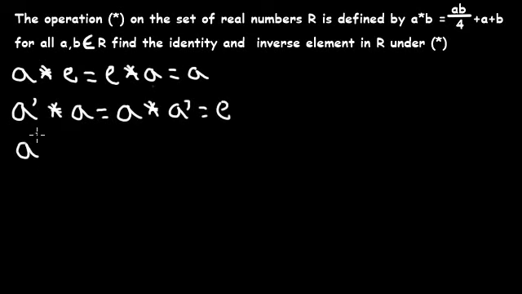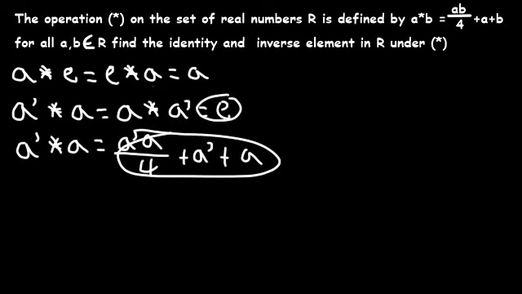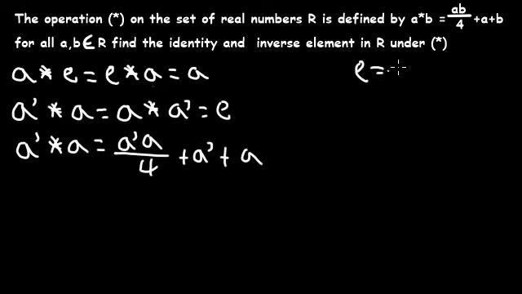From the binary operation, the inverse combined with a is a'a/4 + a' + a. So the result is equal to e, and we can set these equal. But don't forget, e is equal to 0.